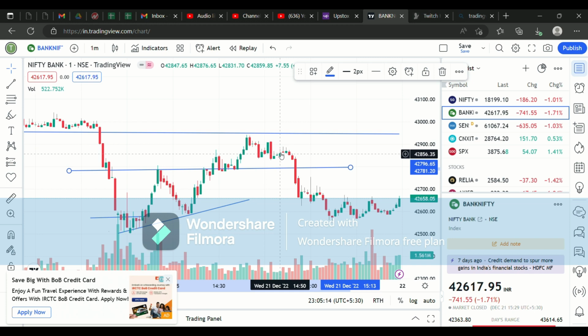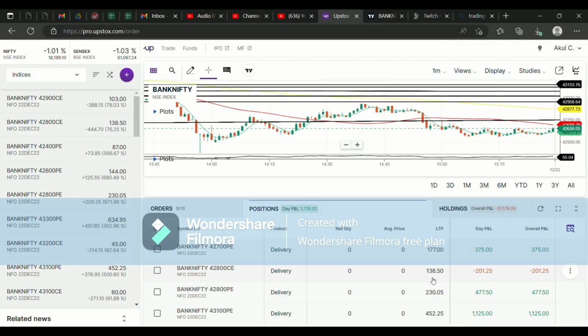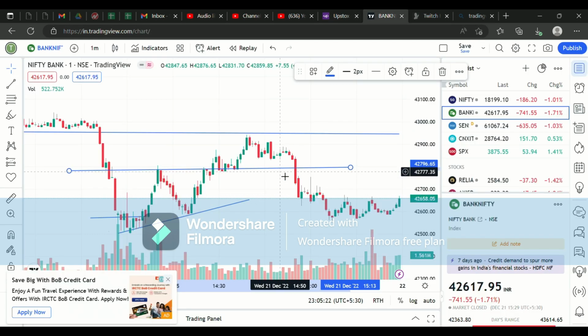Yes, on this green candle I initiated my trade, which is the loss you are seeing. But I placed a very strict SL of only 9 to 10 points, because I was not sure whether the green candle would form or not, so I took only this much risk because I don't want to lose the profit for the day.